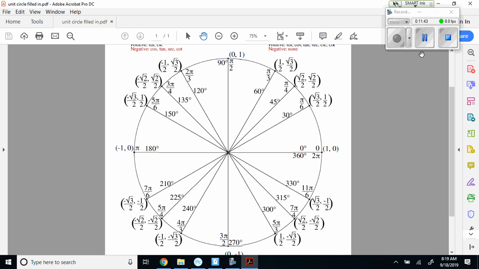All right, y'all ready? Here we go. What's the pattern?